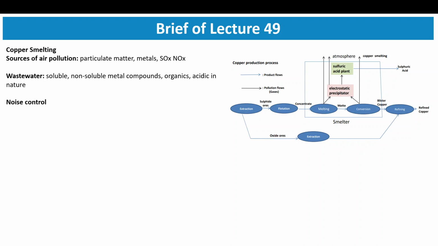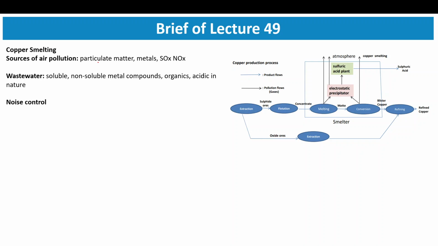Last is the copper smelting process, where copper is generated from the ores. It could be sulfide ores or oxide ores, and depending on the type of ore, the process will be different. Here, a major source of the ore is involved.